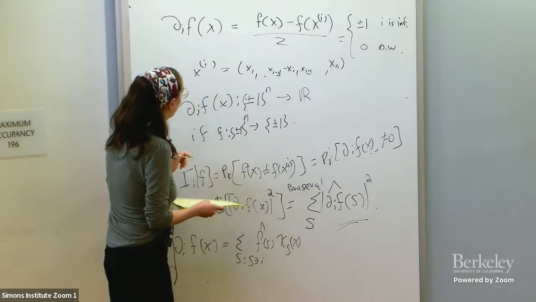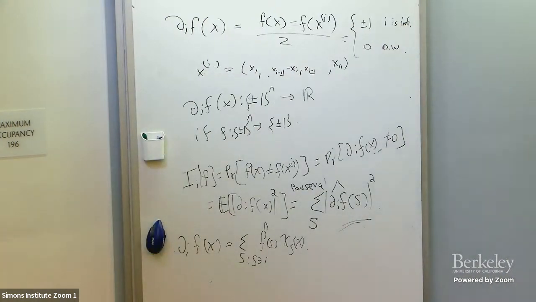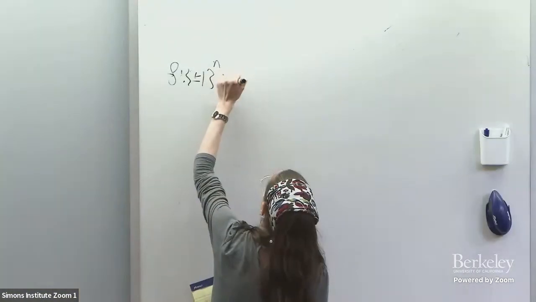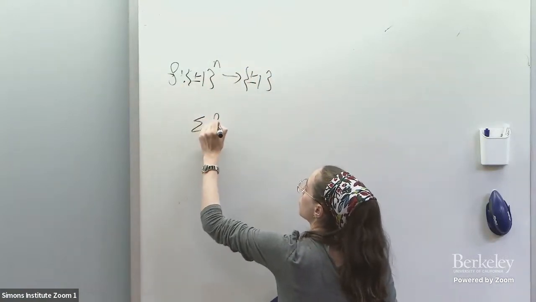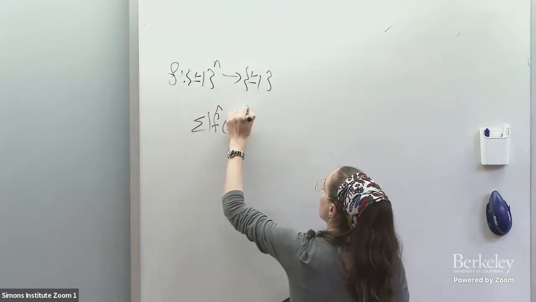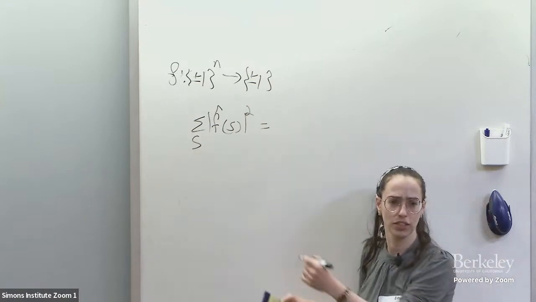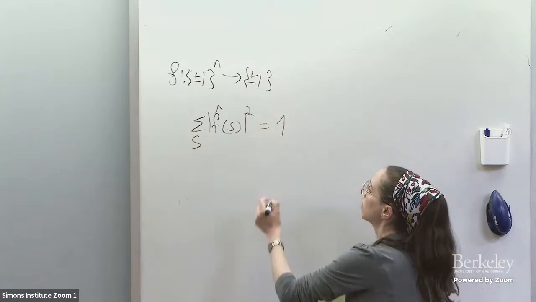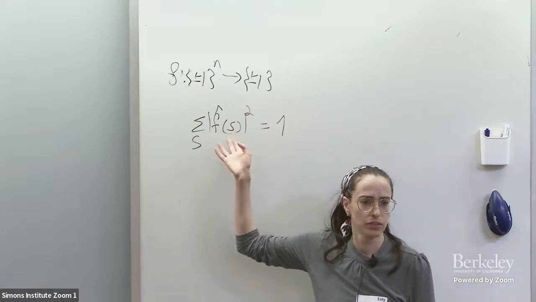Some interesting fact about the Fourier representation of Boolean functions: if f is Boolean, then what do we know about the sum of the squared Fourier coefficients? It equals 1, right? So now we have a summation of non-negative numbers that sum up to 1.